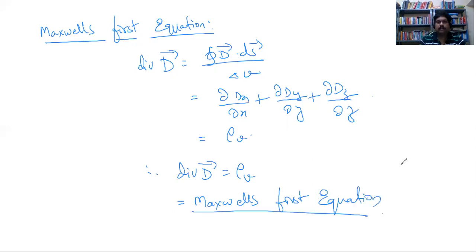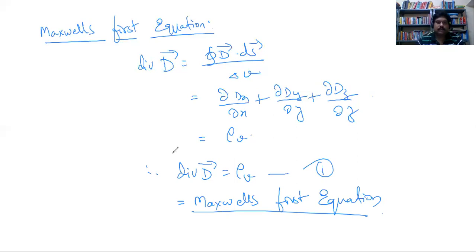Very important. Okay, so Maxwell has given 4 equations in total for electromagnetics. The first equation is this one. It's a very important equation of electrostatics. So 2 equations for electrostatics and 2 equations for magnetostatics and dynamics, of course.